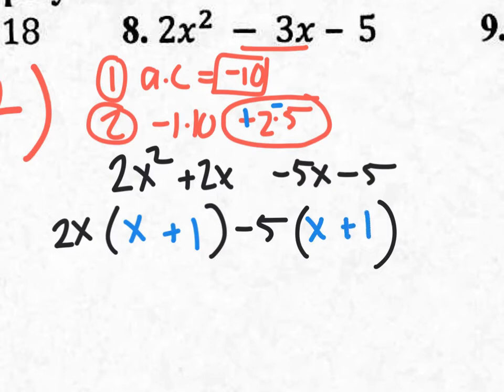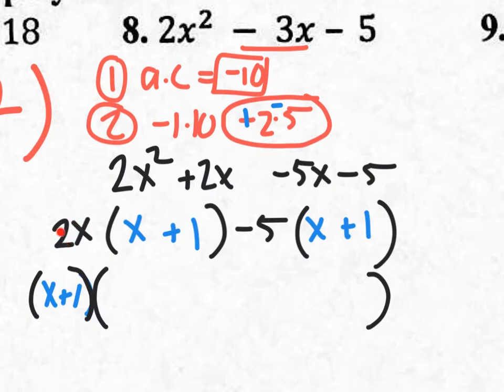And then you take a step back and factor out what's in common in your first group and your second group. And of course, that's the x plus 1 that's in common in both. So I want to pull out the x plus 1. So out here, I want to have an x plus 1. And inside the huge parentheses, I have the 2x left over, right?